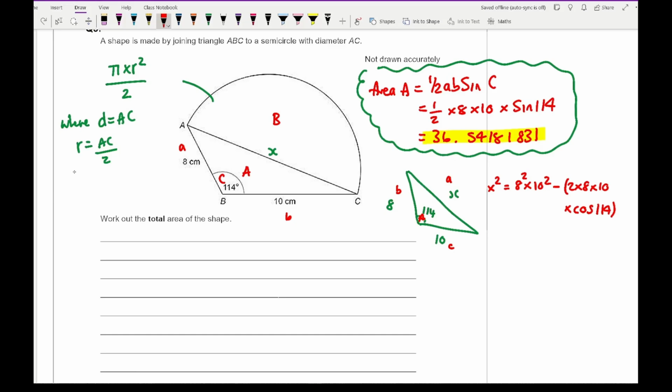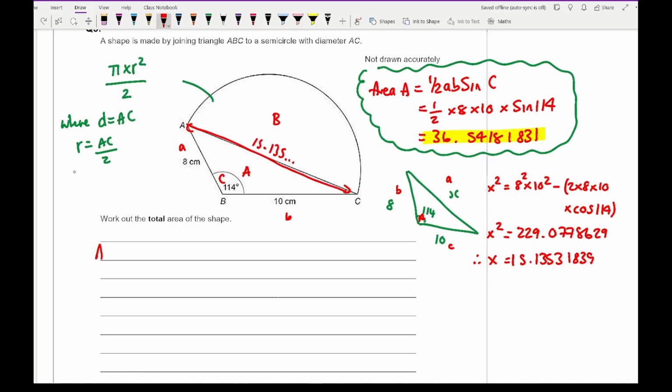Now if I type that all into my calculator, I get an x squared value of 229.0778629, square root that, so x equals 15.13531839. So what I've then got is that this distance here, I'll just get rid of that x, A to C is 15.135 and so on.